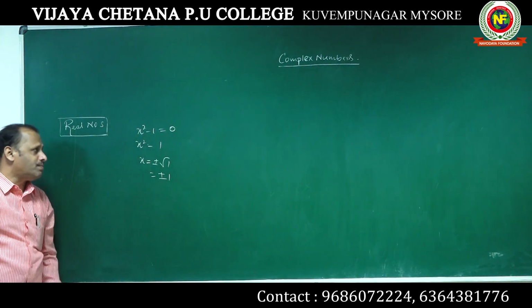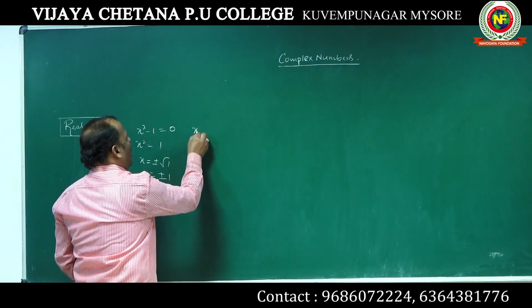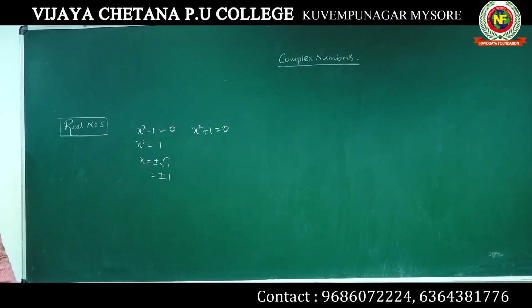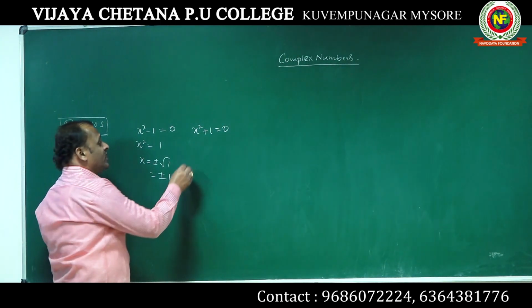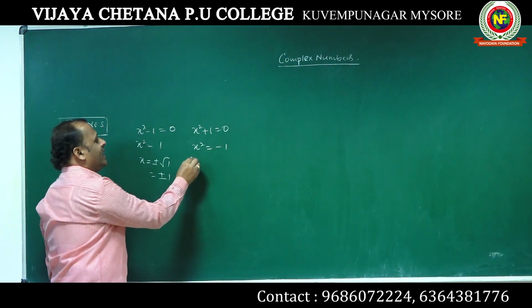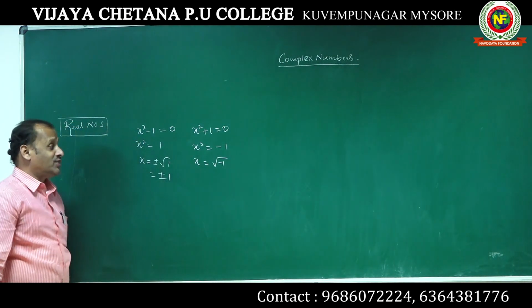Instead of this equation, if you have x square plus 1 equals 0, then how to solve this? x square is equal to minus 1. Then x equals root of minus 1.